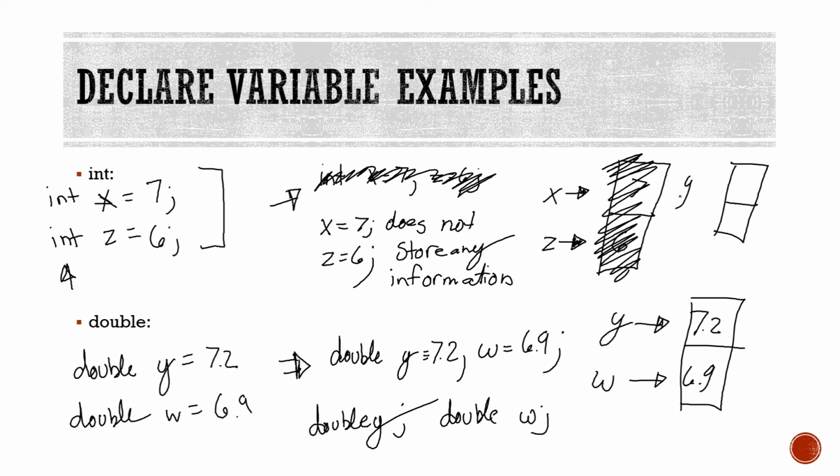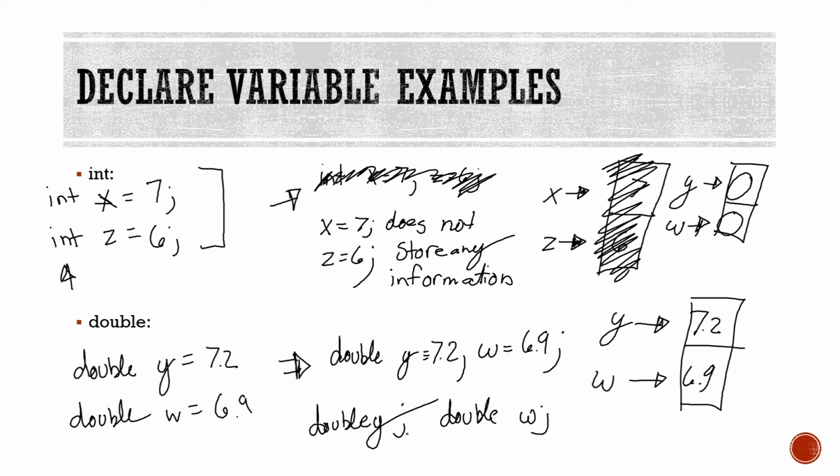I'm declaring y. I'm declaring w. But I haven't stored anything in it. So I can use these variables later if I want to and update the value of whatever I want to be in here. In this step, I'm allocating memory for these variables. I don't necessarily have to put a number in there if I don't want to.